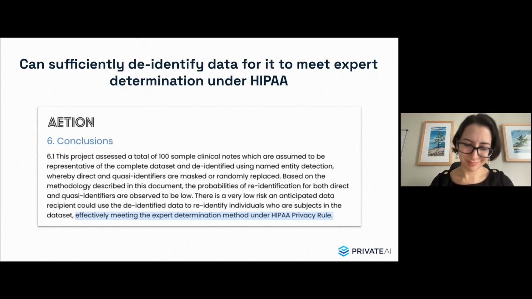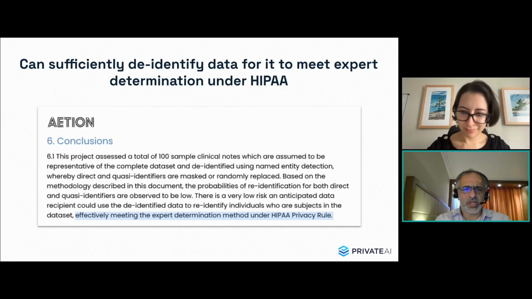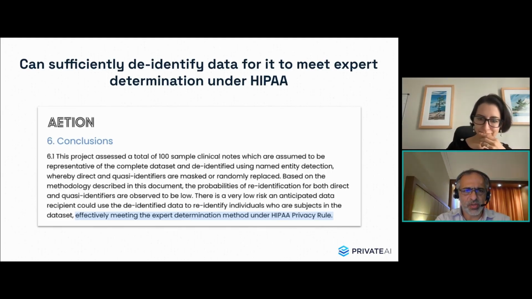Yes, so this is just another example of an analysis that was done of the Private AI de-identification tool. In this case, as the paragraph shows, a sample of clinical notes was manually annotated and then used as a ground truth for evaluating the performance of the tools.